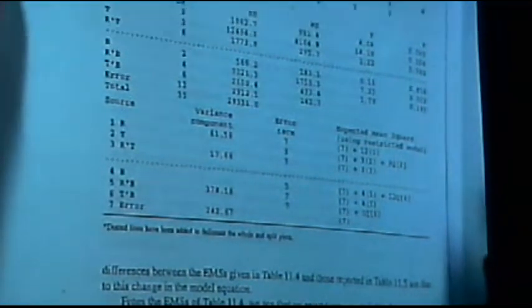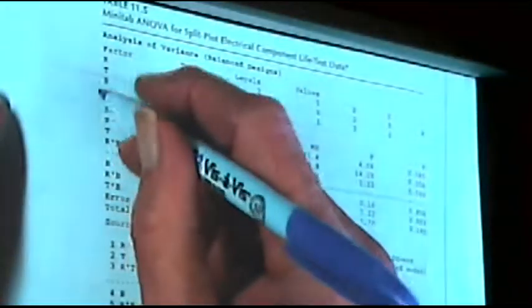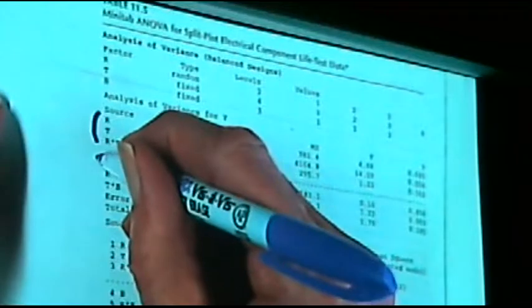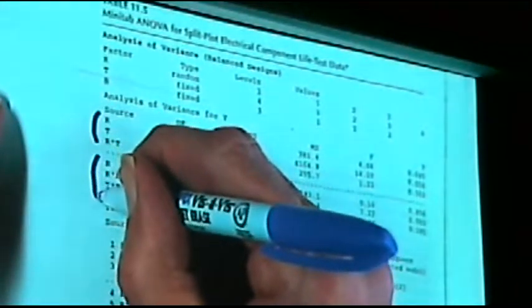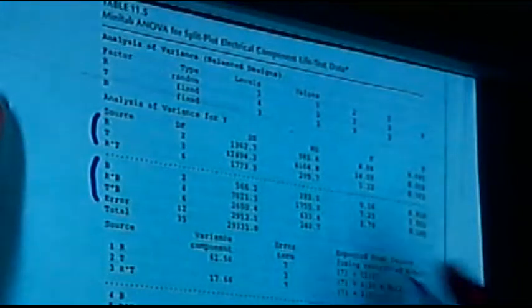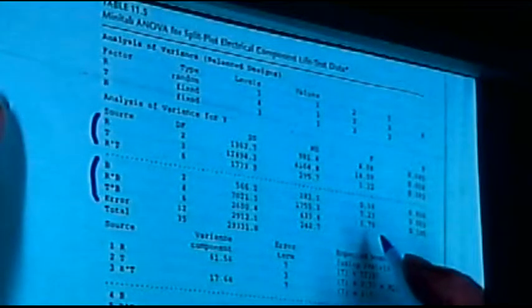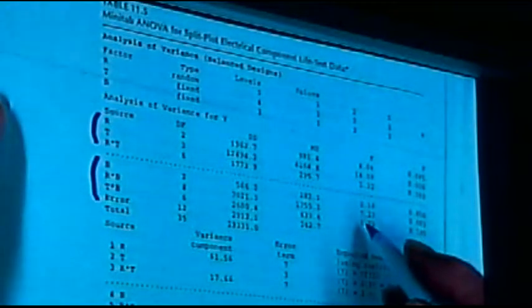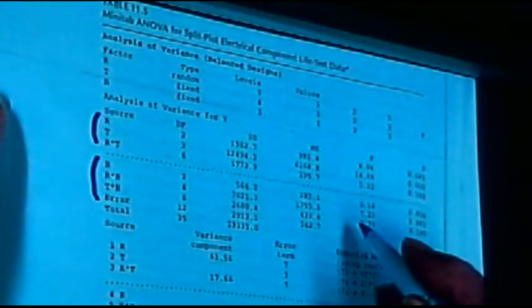We need to have numbers. And so they have entered the same columns in Minitab as they're using in their model. So that's just a repeat right there. And here's the F statistics. If you check, these F statistics are the proper ratios.